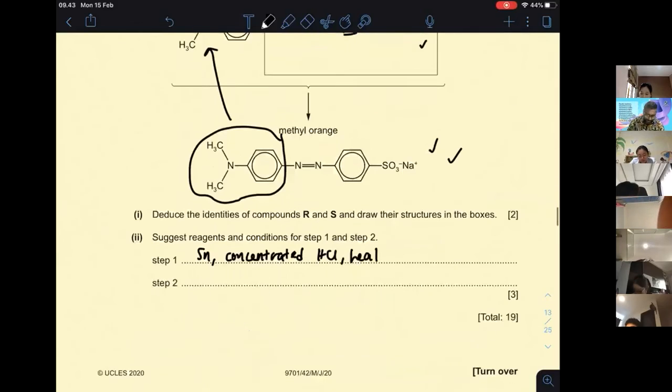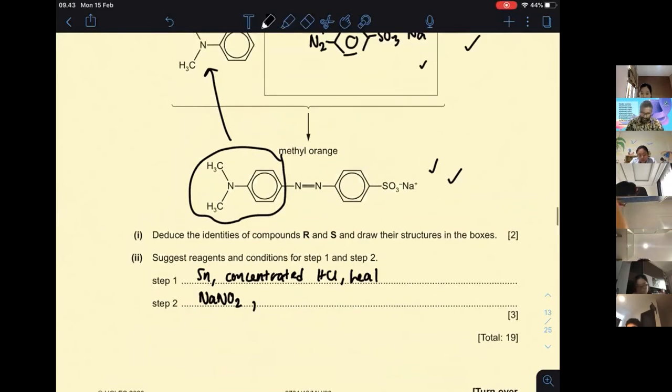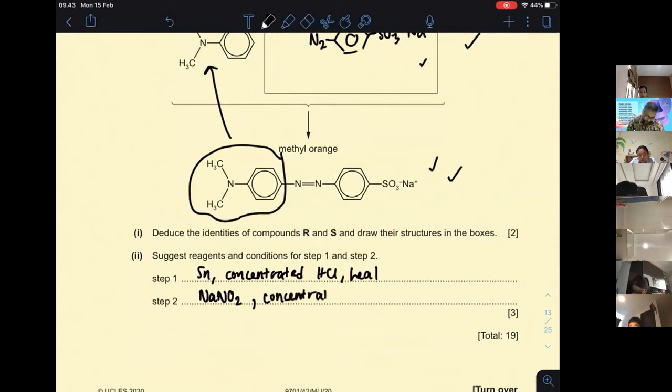So you need to write down NaNO2 and then concentrated HCl, and then the temperature. Some books say 0 to 10, or you can say less than 10. Up to you, but please include that.